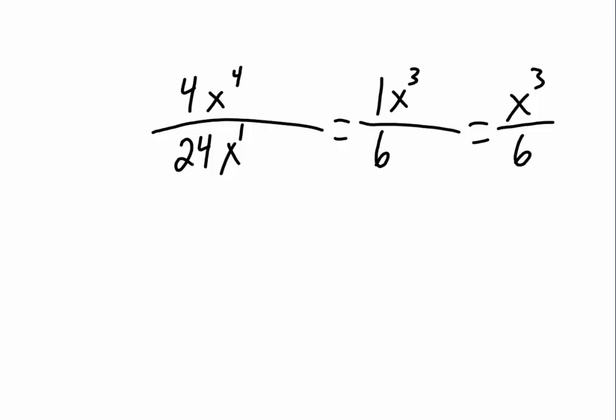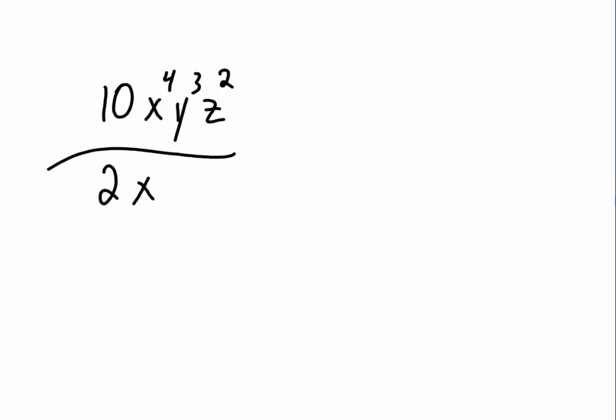Last example. The last example is that we can do this with not only coefficients, but we can do this even with multiple variables. In fact, as many variables as we really want. So I'm going to show you what a real good problem or a bigger problem would look like.